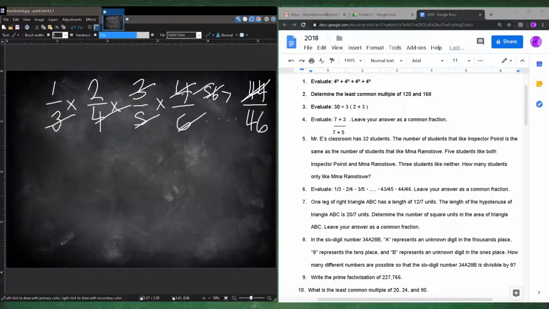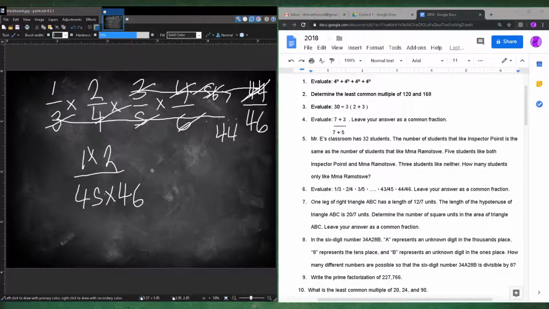We cancel out the 3 to 44 on the numerator with the 3 to 44 on the denominator. So all this could cancel out until we're left with the 1 and 2 from the beginning. 1 times 2. And then on the bottom, we cancel out up to the 44, because we end at the 44 here. That means we have a 45 and a 46 left. 45 times 46.